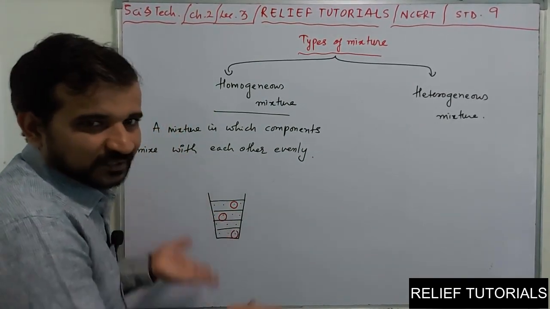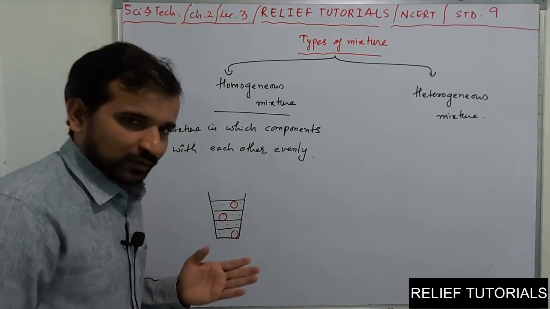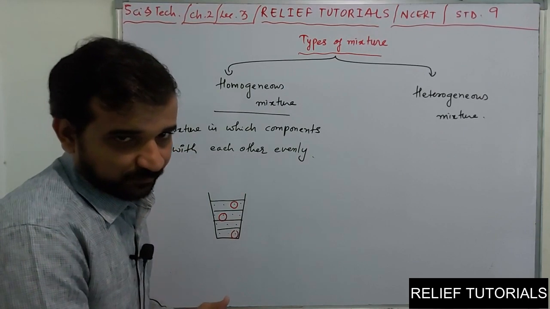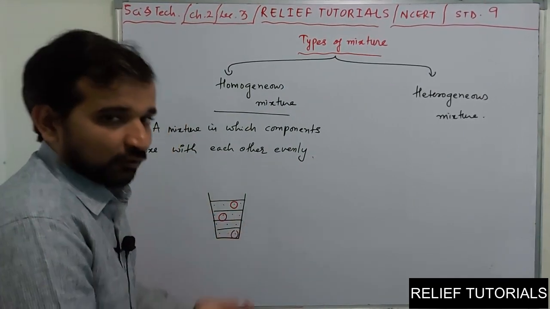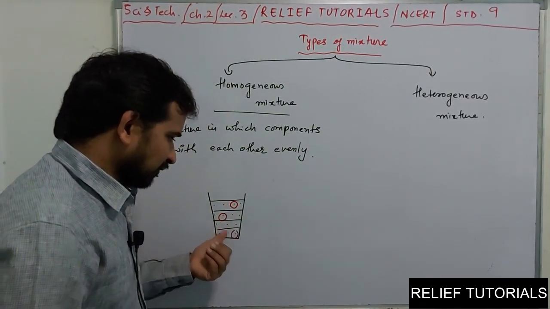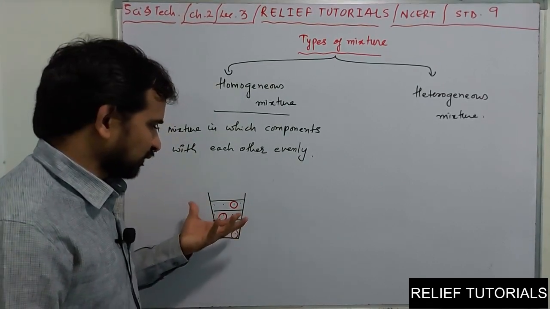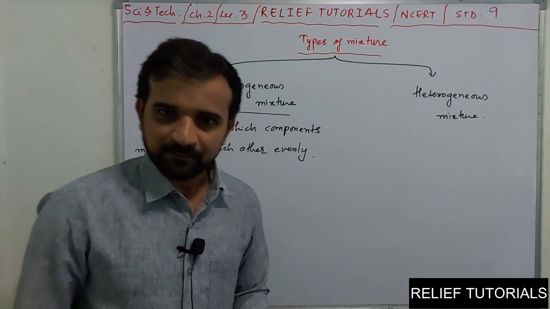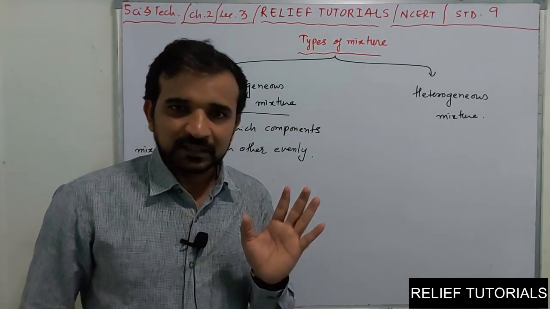Obviously, water is present everywhere. We just want to understand whether salt molecules are distributed equally, evenly, thoroughly or not. When you study these samples, you will find that the salt molecules are present everywhere, present evenly.